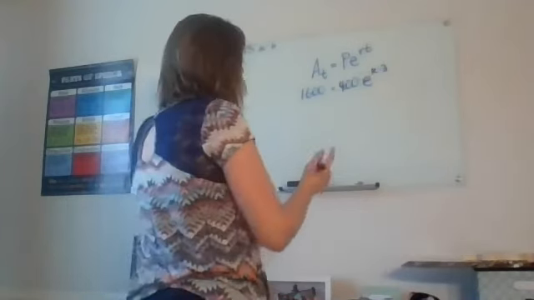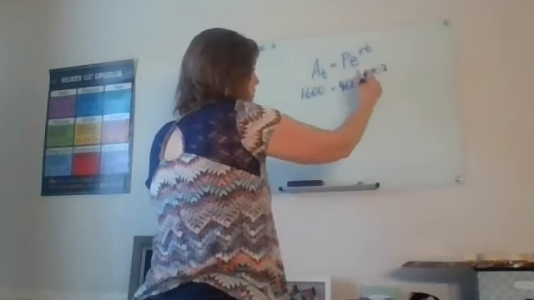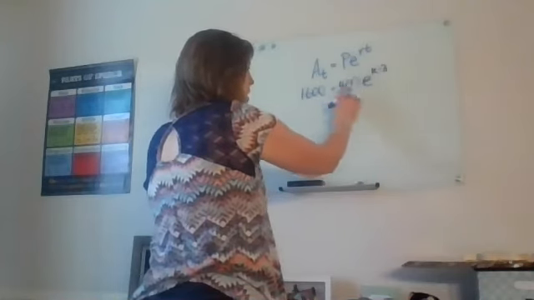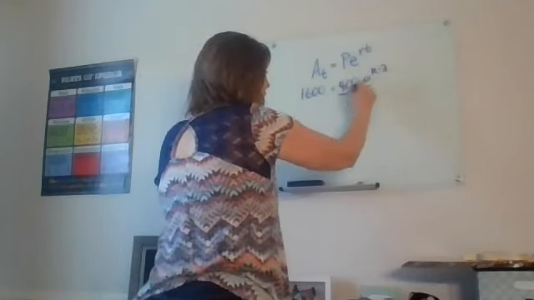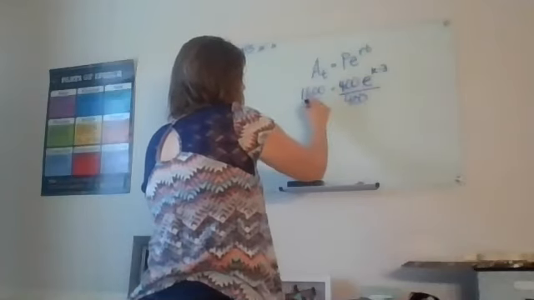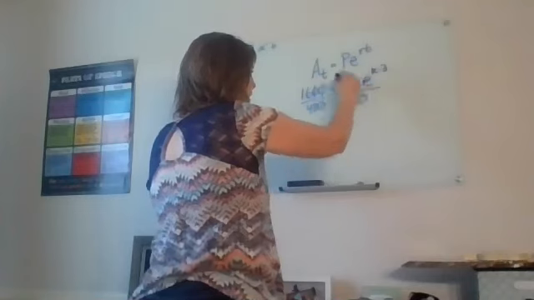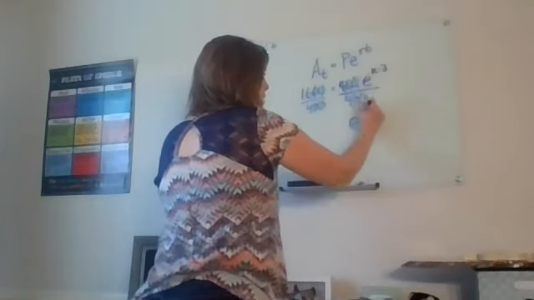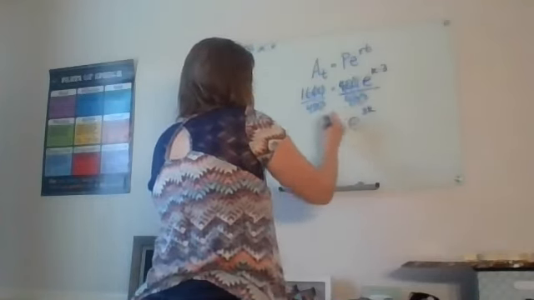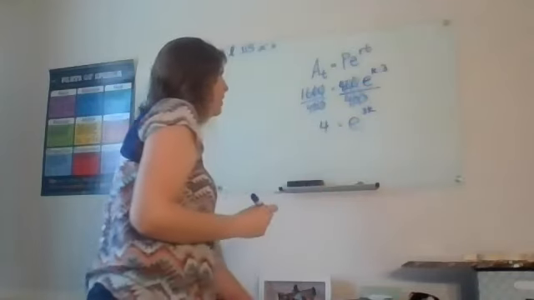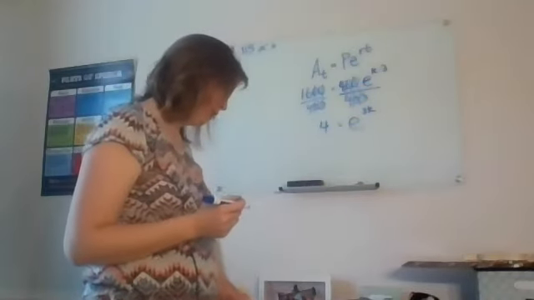I don't know what the rate is, so I have to solve it, right? So how do I do that? Well, I can get rid of my numbers here, so I can divide by 400. The zeros would cancel out and leave me with e to the 3k equals 4, right? Because 1,600 divided by 400 is 4.